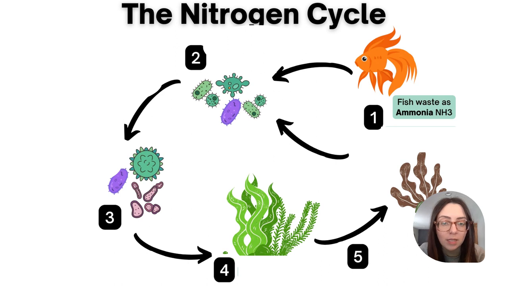In their waste is ammonia, which is NH3. The N is nitrogen. Okay, they produce ammonia. If any of your plants die or start to decay, or any leaves fall off and decay, that also produces ammonia, NH3.